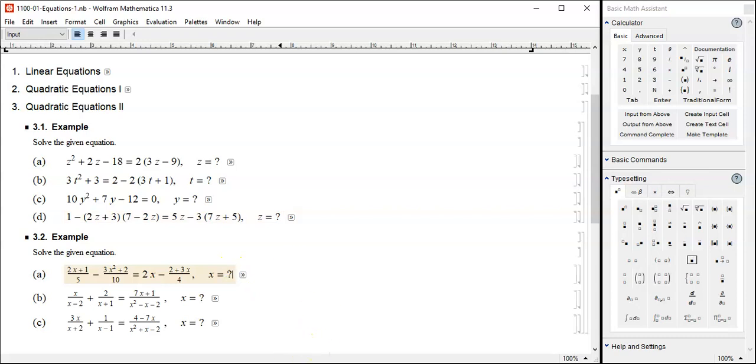We have a quadratic equation with some denominators, but this time we have just numerical denominators, 4, 10, and 5, so that the LCD is, what's the LCD here? LCD is 20.